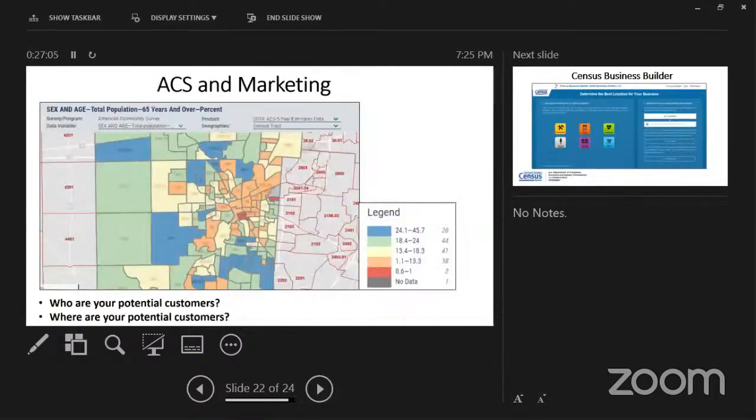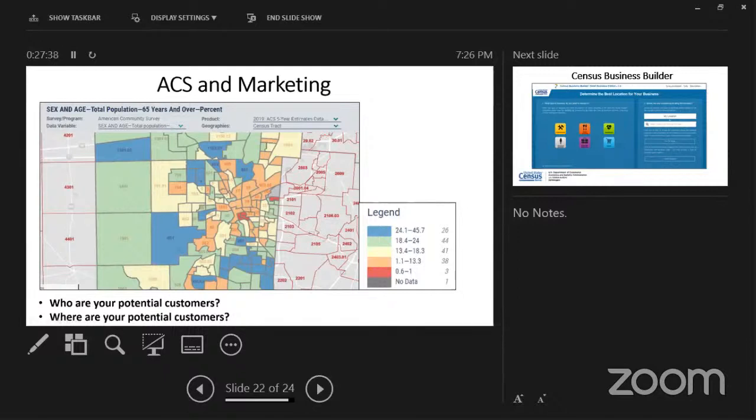And finally, here I went into our main data tool, data.census.gov, and I pulled up ACS data, and this is the population 65 and over in Montgomery County by census tract. So you can see in the blue areas, I don't know what kind of business it would be, but if I had a business where I was interested to know where the 65 and over population is the most, I could easily look at these blue tracts in Montgomery County.